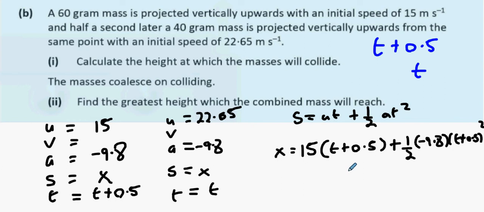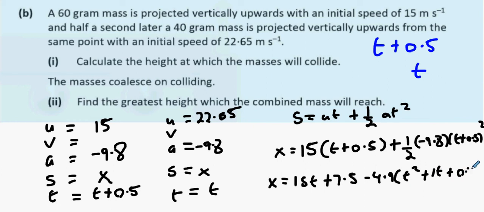Okay, that's going to be difficult to multiply out, so it's going to be 15t plus 7.5 minus 4.9 t squared plus 1t plus 0.25.